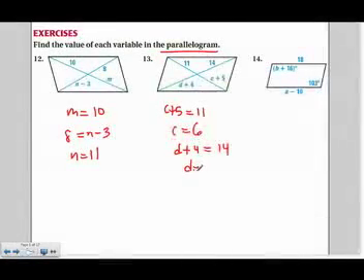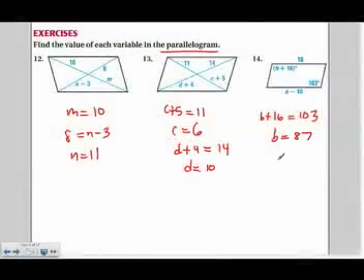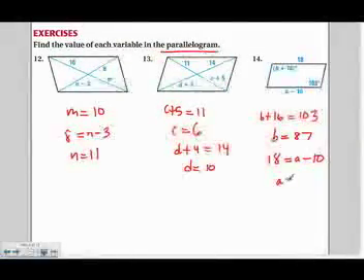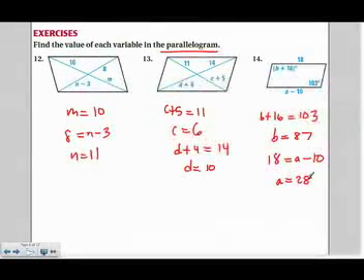If I subtract 4 from both sides, I get 10. Opposite angles in a parallelogram are congruent or equal. Their values are equal. So if I take 103 and subtract 16, I get 87. So b is equal to 87. 18 is equal to a minus 10. That means that a is equal to 28.